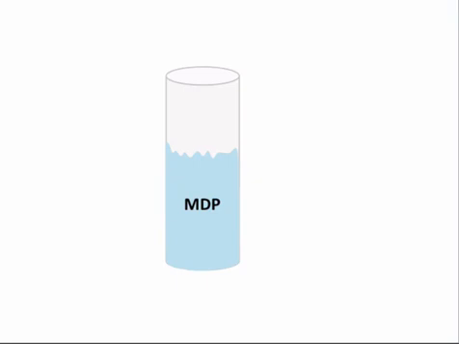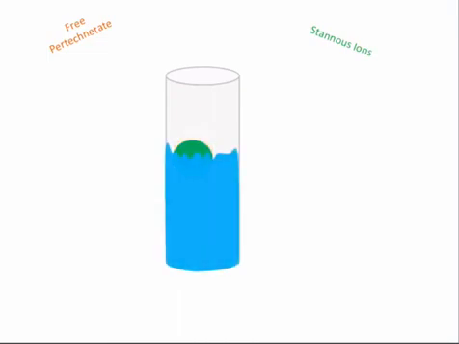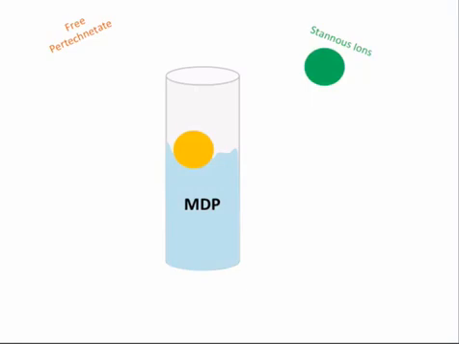You add free pertechnetate and the stannous ion reduces it so that it will bind to the MDP. So you need both of these guys. Free tech, stannous ions, and then you get a binding procedure there. Boom. There's your tech MDP.